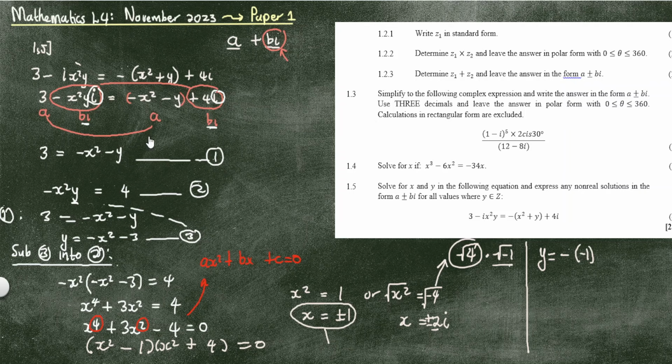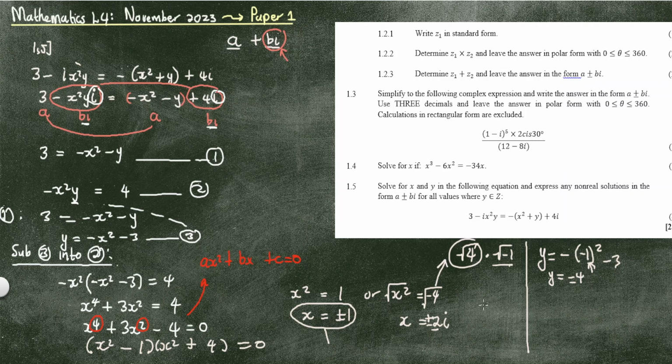Where there's x in equation 3, I'm substituting 1. So it's 1 squared minus 3. The answer is going to be minus 4. Even if I substitute the positive 1, I'm still going to get a minus 4. So both the positive 1 and the minus 1 are going to produce a minus 4.